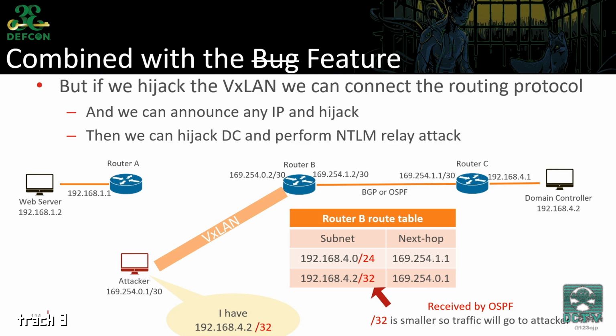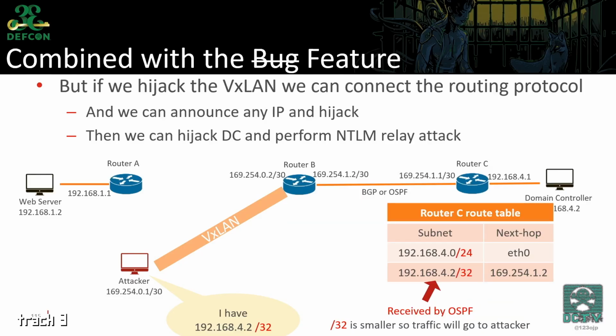Then we can connect to the routing protocols and announce the domain controller's IP in the routing protocols with /22. Other routers will receive and trust the routing prefix and redirect the domain controller's traffic to the attacker, because the route is more specific, smaller than the LAN subnet.